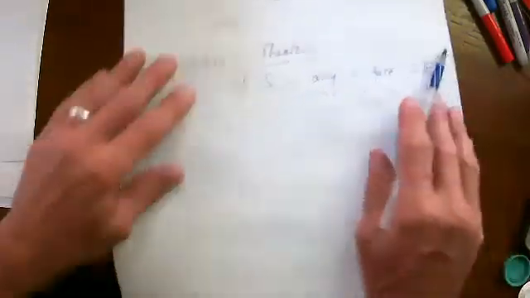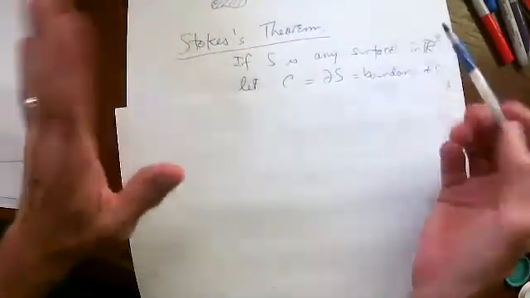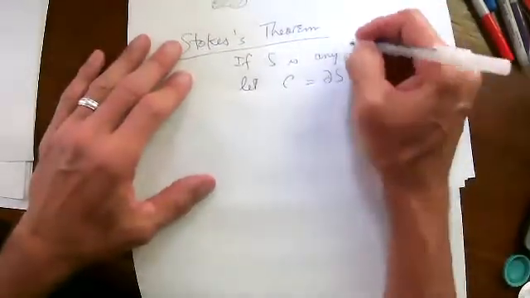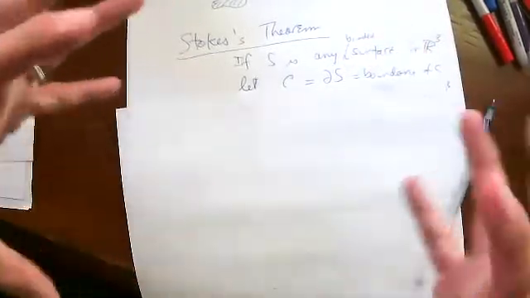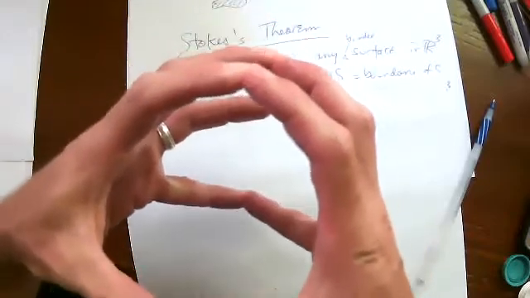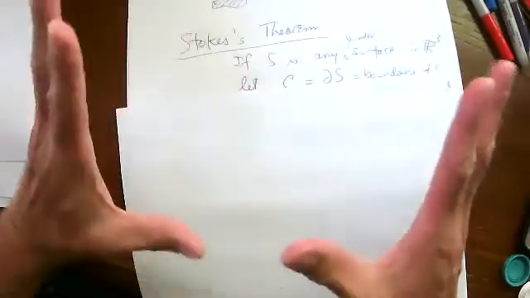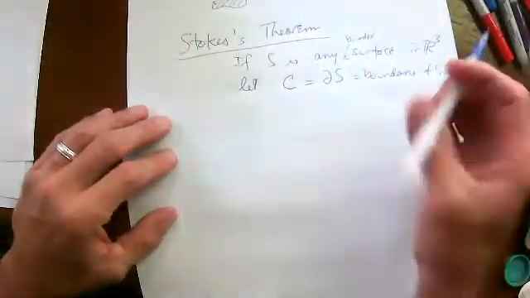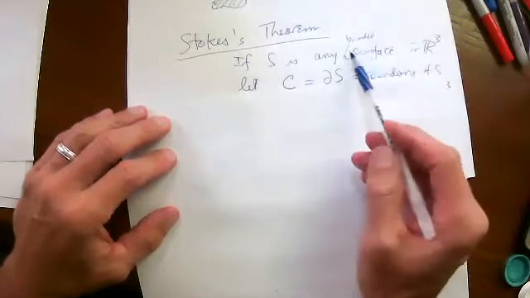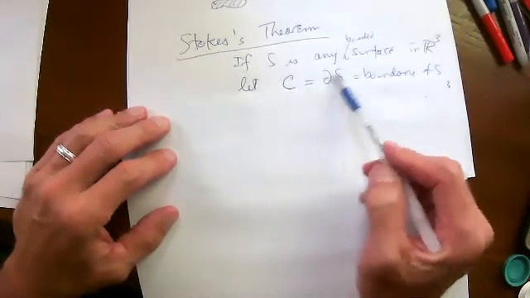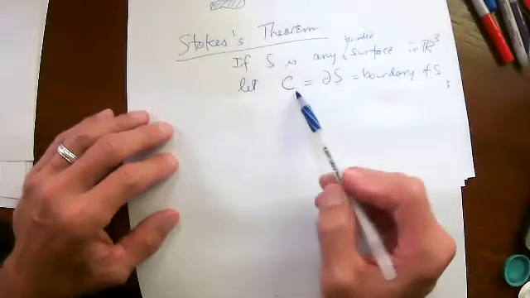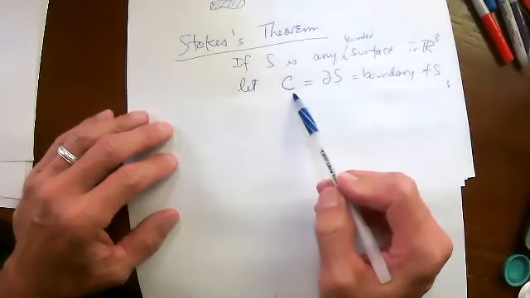It says, if you give me any surface, I should say bounded surface in three-dimensional space. Bounded surface means you can put it all inside a big ball, a big sphere that holds it, a finite radius sphere. I don't want to have something that stretches away infinitely far. But you can think about the word bounded in this context as meaning that it has a boundary. And I'm going to call that boundary C because it'll be a curve.